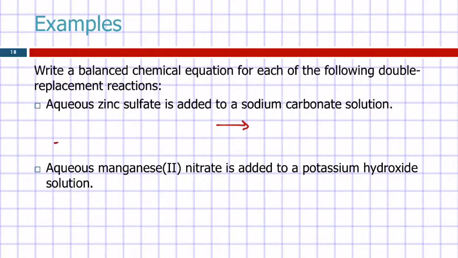So zinc, what's the charge on zinc ion? 2 plus. There's no Roman numeral there because it's groups 1A, 2A, 3A, zinc and silver. So we're counting down: aluminum's plus 3, zinc's plus 2, silver's plus 1. So we've got zinc ion. What's the formula for sulfate ion?